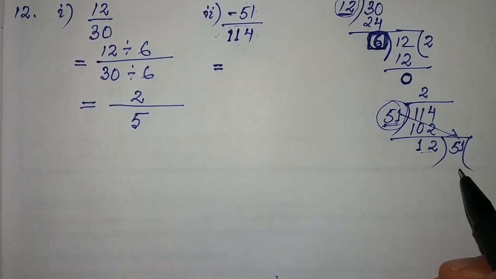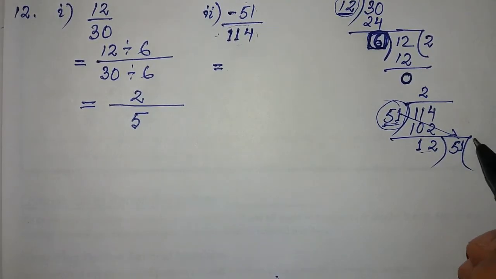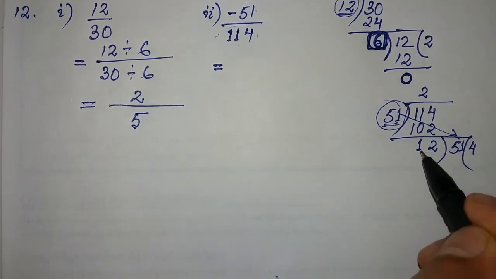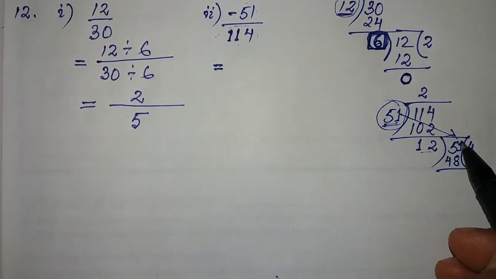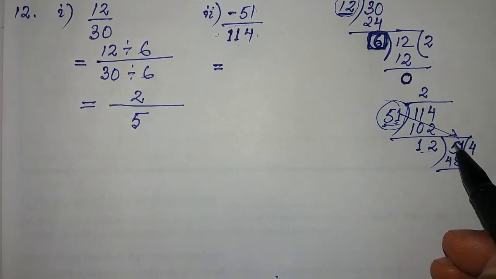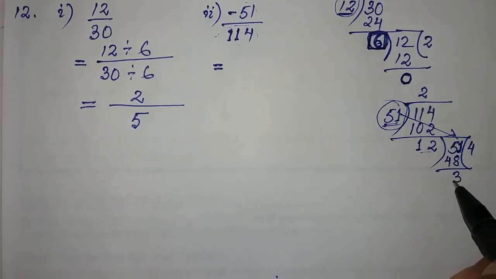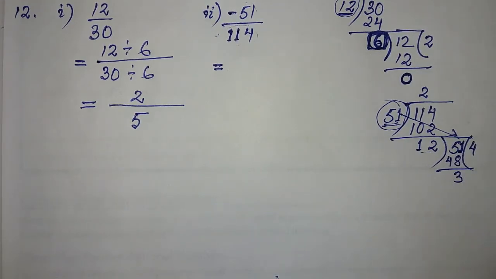Now 12 4s are 48. Now 51 minus 48 is 3, so we have a remainder of 3.